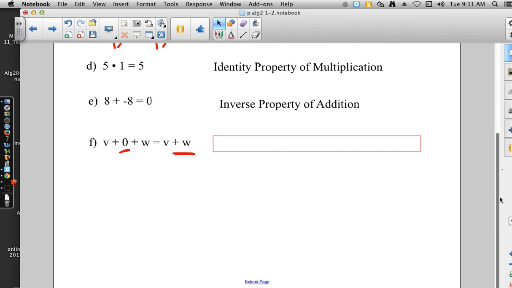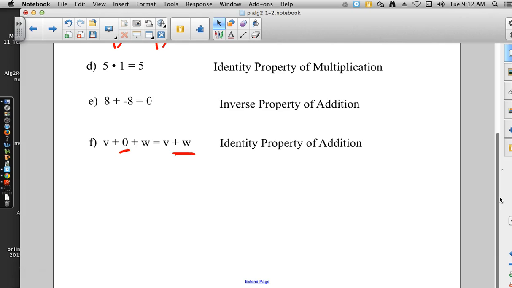Well, it didn't change the answer. On the left-hand side, V plus 0 plus W, the 0 didn't add anything to it. And that's because it is the identity property of addition. It did not change what the numbers were because we were just adding 0. So either additive identity or identity property of addition.